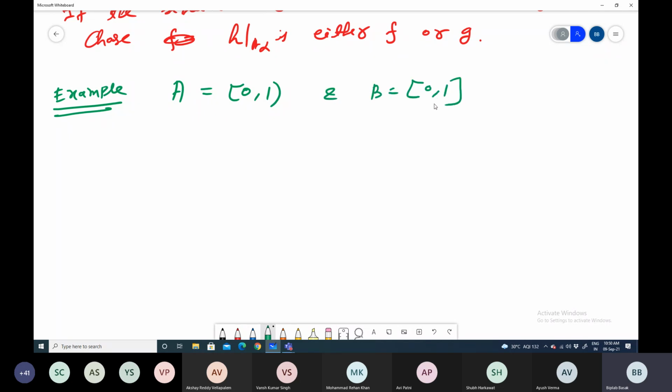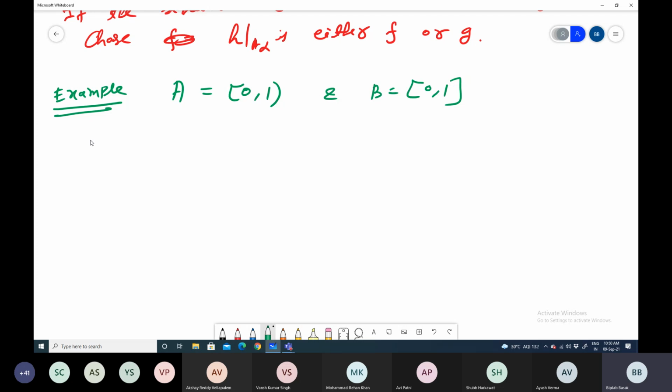Now can you give a quick bijection from A to B? Sir, is it okay if I give from B to A? It is fine from B to A. If it's of the form 1 by 2 power n, where n is a whole number, then 1 by 2 power n plus 1. Else we'll do similar.